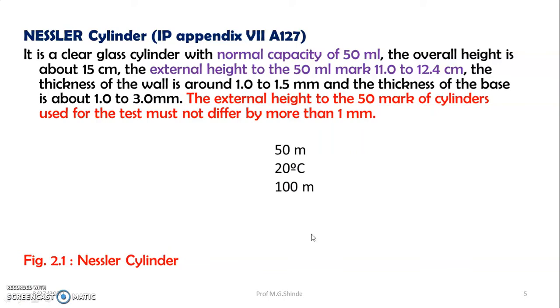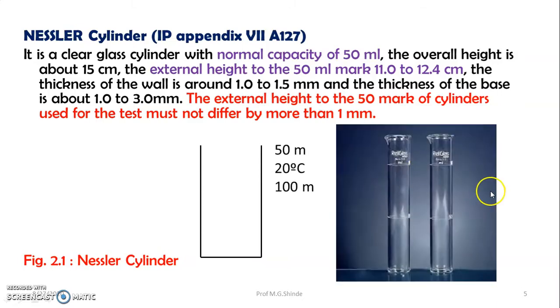The external height to the 50 mm mark of the cylinder used for the test must not differ by more than 1 mm in both Nessler cylinders. So this is how the Nessler cylinders appear.